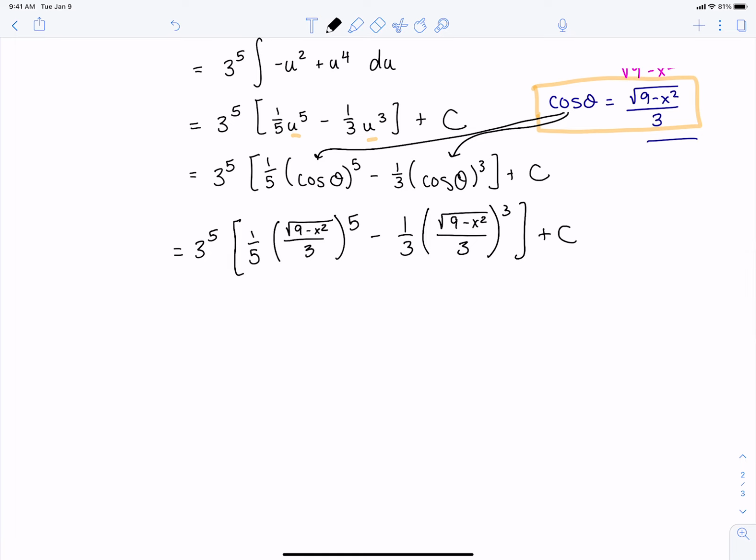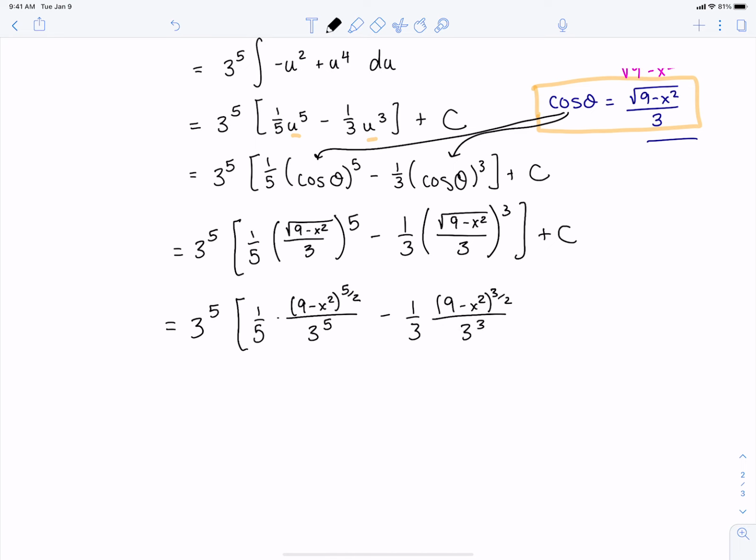There are some things that we can do to make this a little bit nicer, and it's mostly with our coefficients, because we could rewrite this as 9 minus x squared to the 5/2 over 3 to the 5th power. We're just giving that exponent to both the top and the bottom of our fraction.